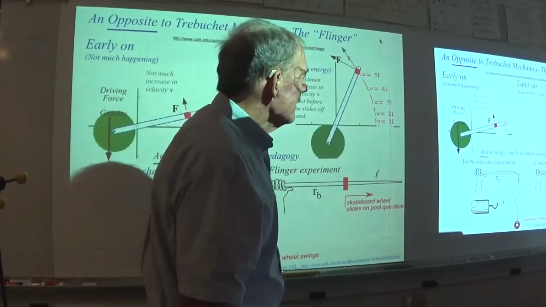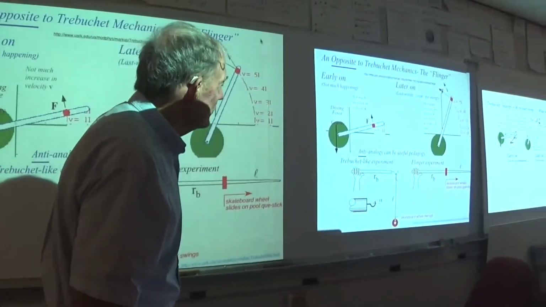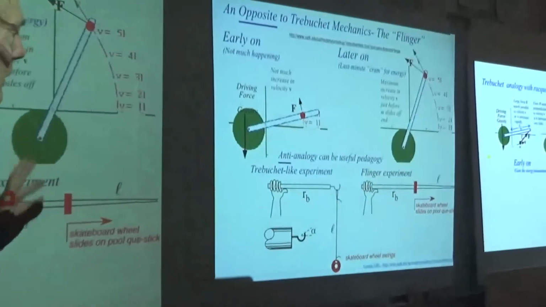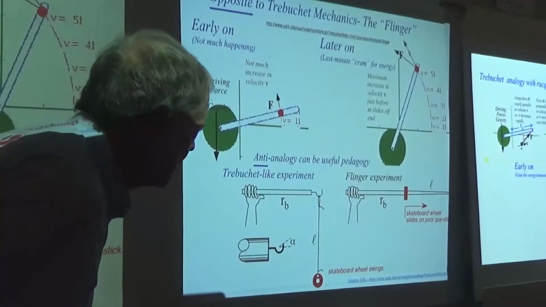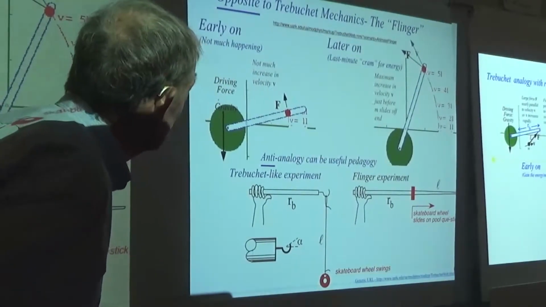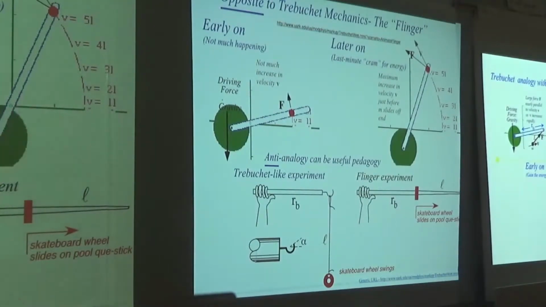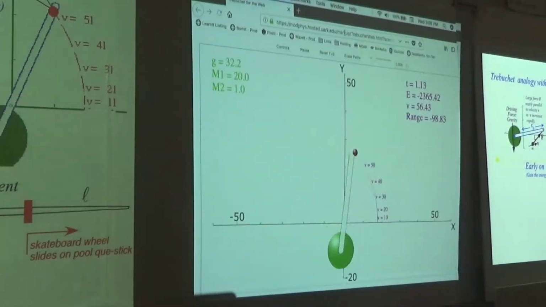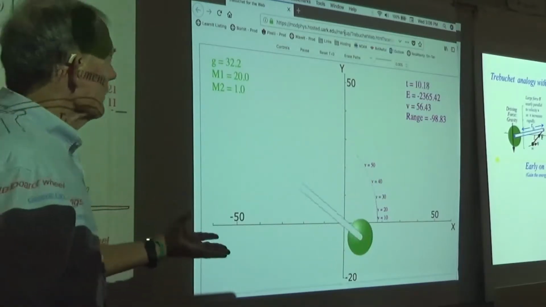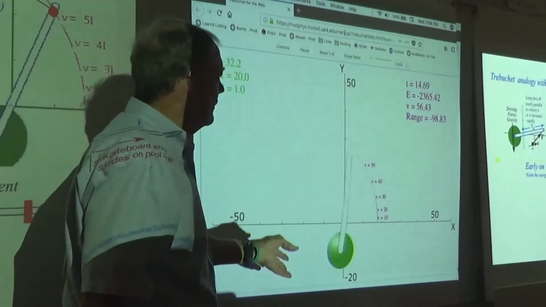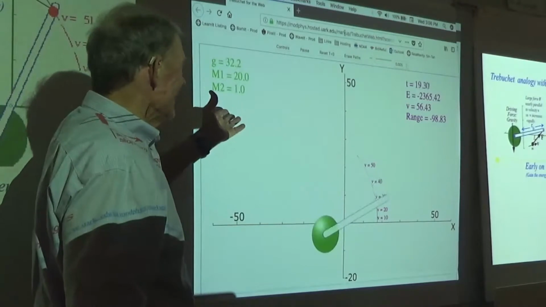Now let's go ahead and see what the trebuchet has to offer. I've got to see if I've got the flinger ready to go on this screen right here. Let's just see if I can get that to work, just to give you some idea. It's got the same weight mass ratios and everything, and not much of a throw.